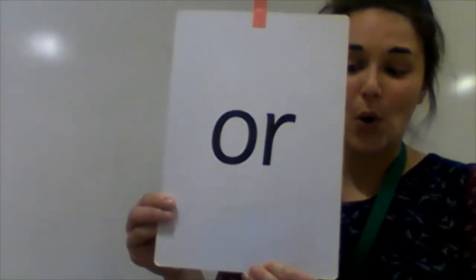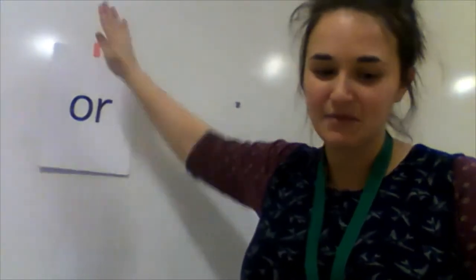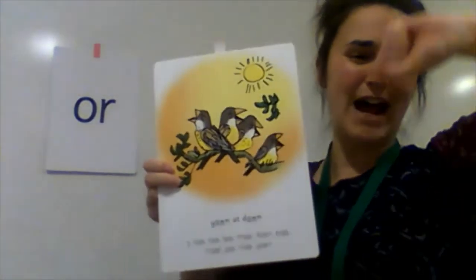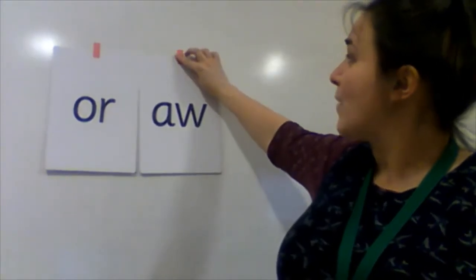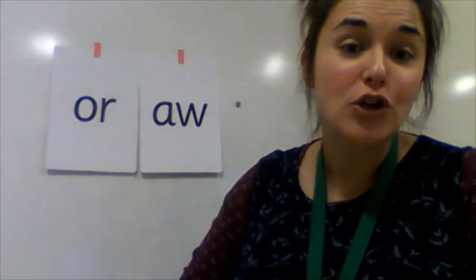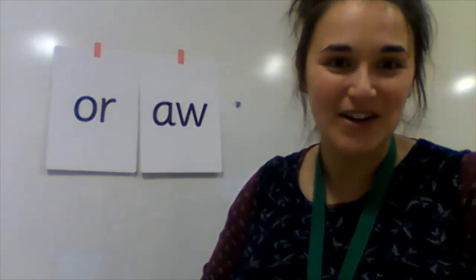We've got two ways. We have or, shut the door. We have or, yawn at dawn. Those are the two ways we already know, but today we're going to learn a new way of writing the or sound. Are you ready?